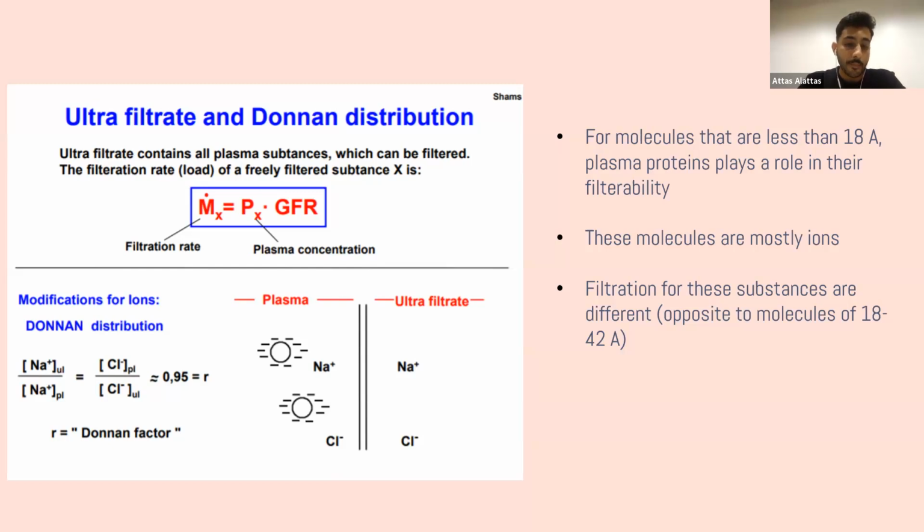So substances that are positively charged will be filtered less. Molecules that are negatively charged will be filtered more because they will repel each other. It is opposite to the molecules of 18 to 42 angstrom. There we said that molecules that are positively charged will be filtered more, and molecules that are negatively charged will be filtered less. So this is the opposite here.